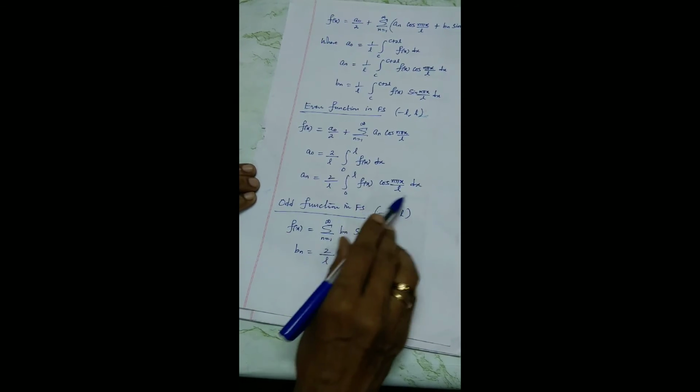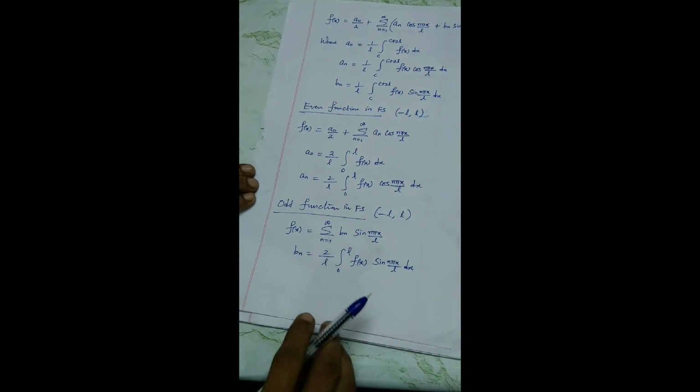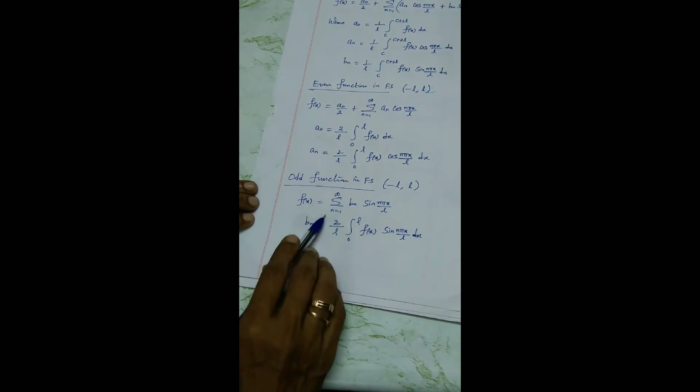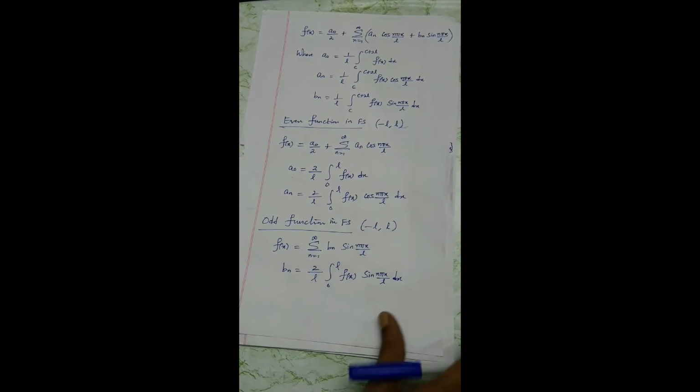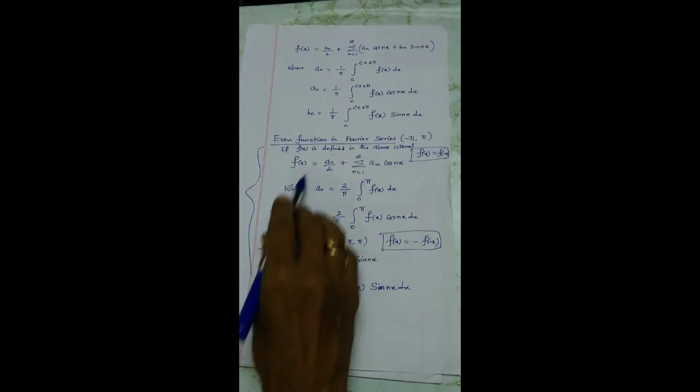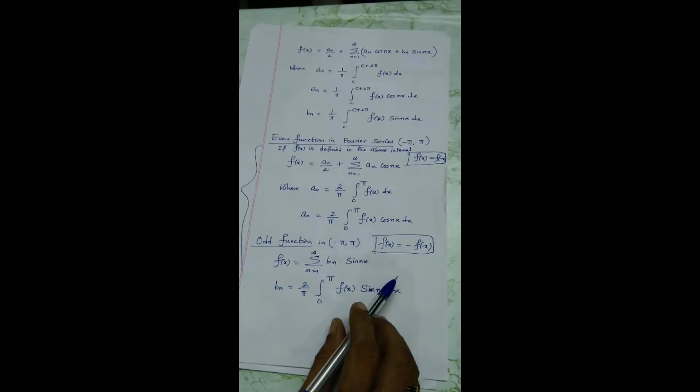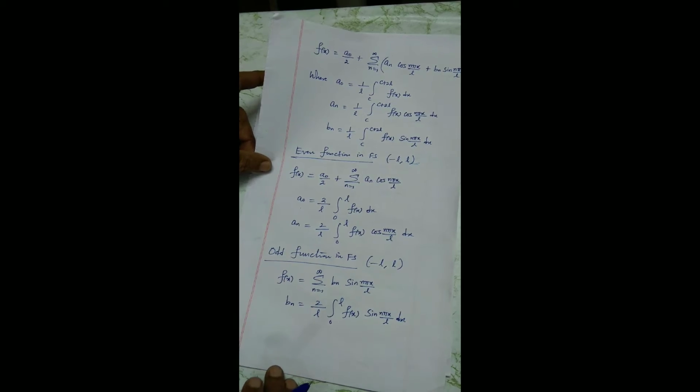Actually this is the more general form. If I give L equal to pi, you will get back the previous one, of course. So just recall this more general form. Wherever L is, if you put pi, you will get back what we have done so far. So no need to mug up separately. If you know the more general form, that's more than sufficient.